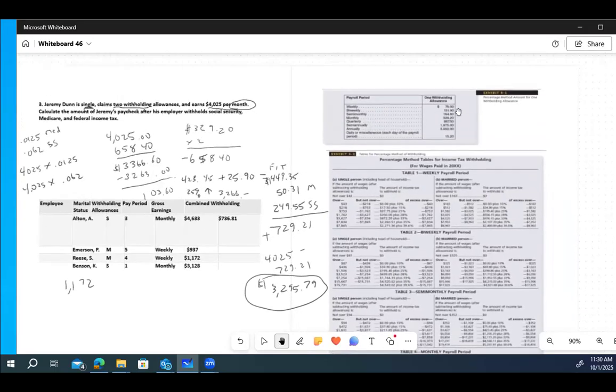So weekly would be $76 per person. I can't see what it says. The quality is so bad. $76 per person. She has four. So let's do that. So four dependents times $76. That's how much is subject to no tax. So 76 times 4 equals $304.